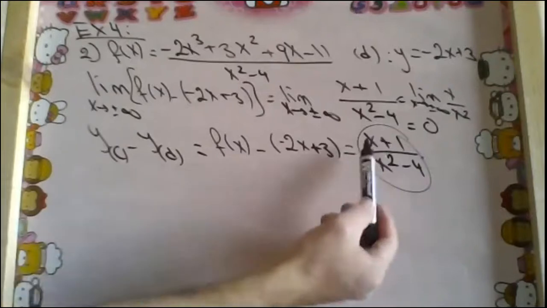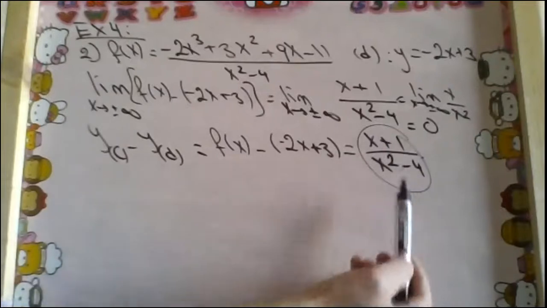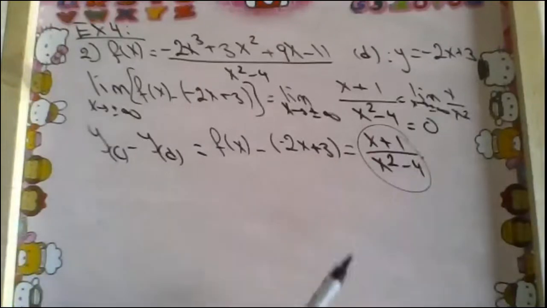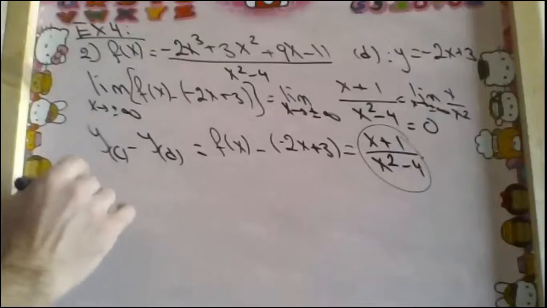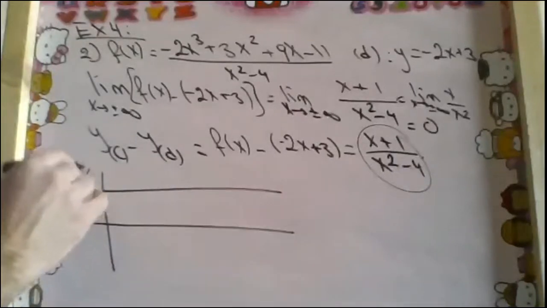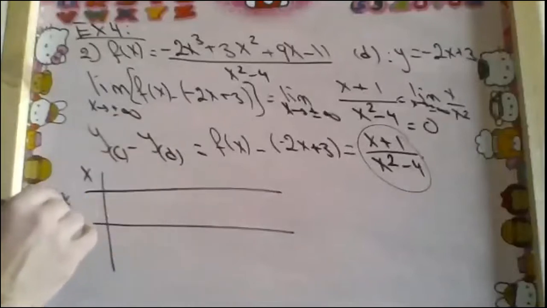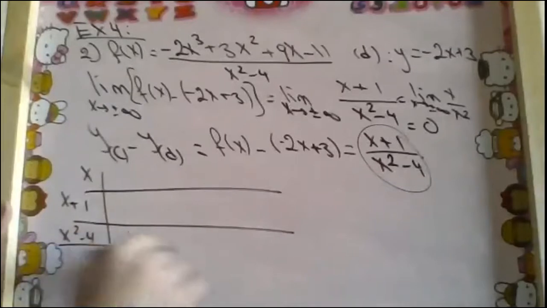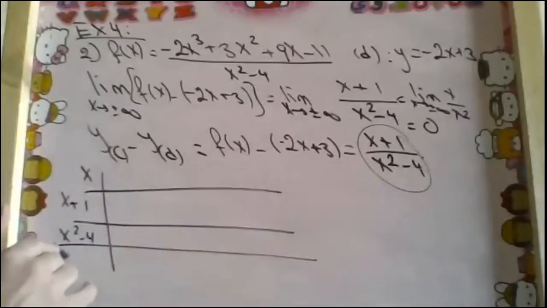You put one row for the linear, one row for the quadratic. This is x plus 1, and here we have x squared minus 4, and then the ratio, which is yc minus yd.